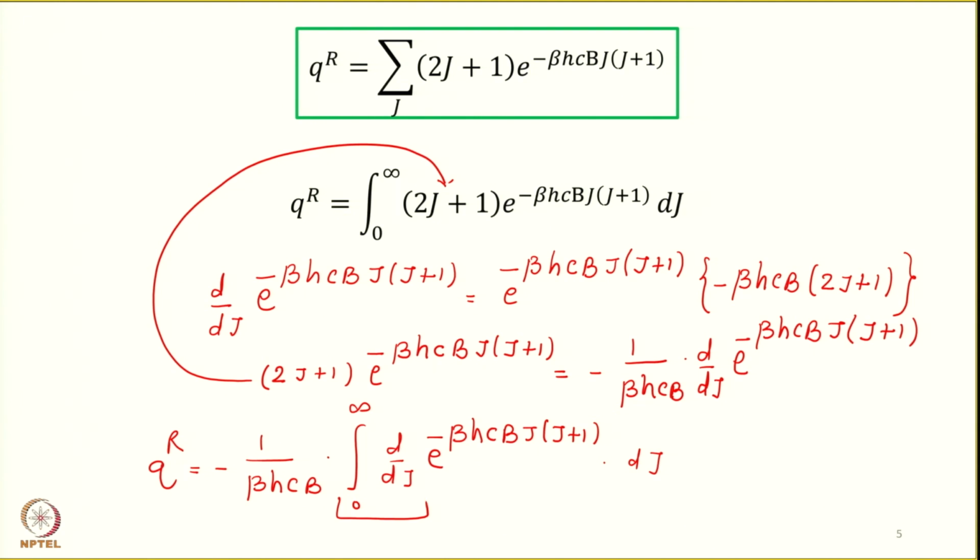Therefore, we will have minus 1 over beta hcB into exponential minus beta hcB J into (J plus 1), with the limit from 0 to infinity. Let us carry it forward.